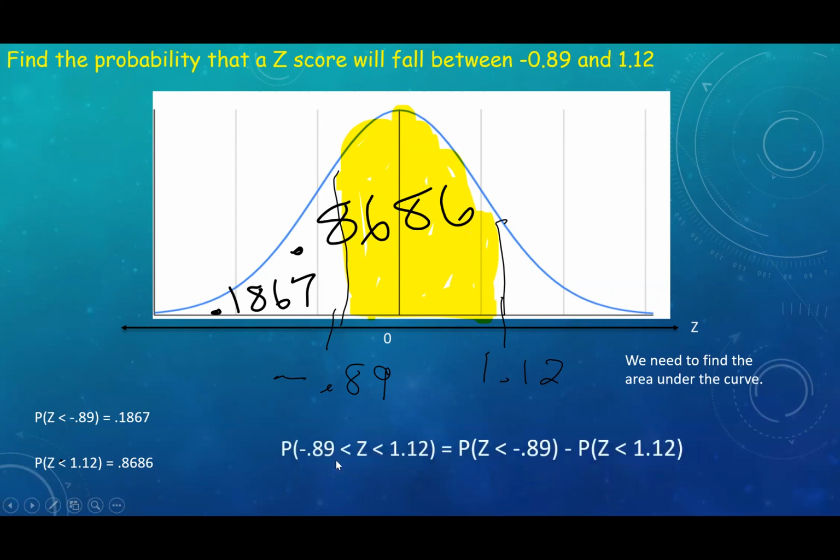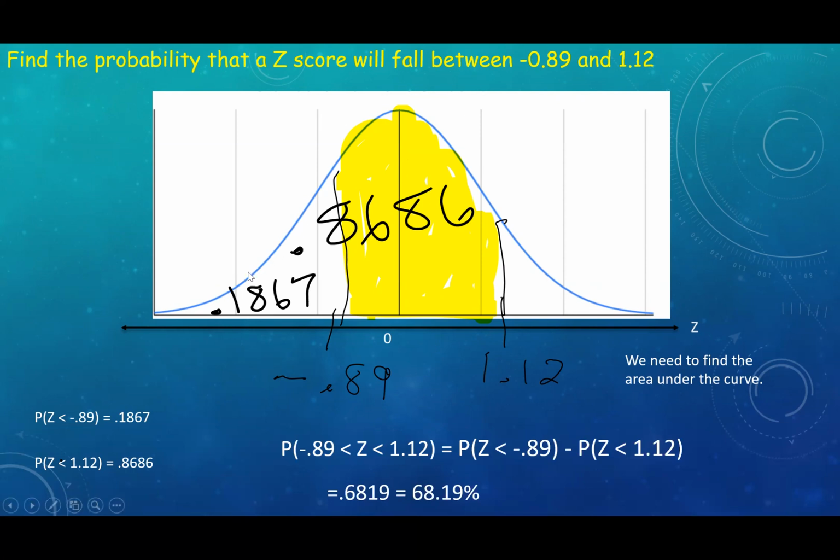So the probability of negative 0.89 being less than z, which is less than 1.12, would be equal to the probability that z is less than 1.12 minus the probability that z is less than negative 0.89. Actually, it's the other way around. So it's equal to 0.8686 minus 0.1867, which is equal to 0.6819 or 68.19%.